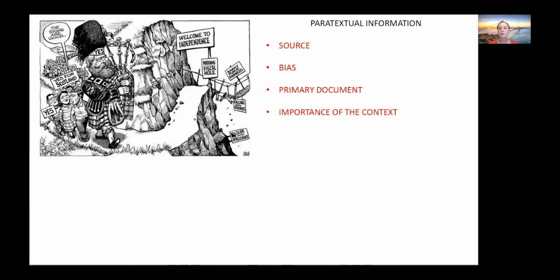It is also a primary document, so first-hand testimony on a historical event. And you also find it important for you to contextualize the cartoon, since you need to put it into the context of the Scottish referendum in 2014.